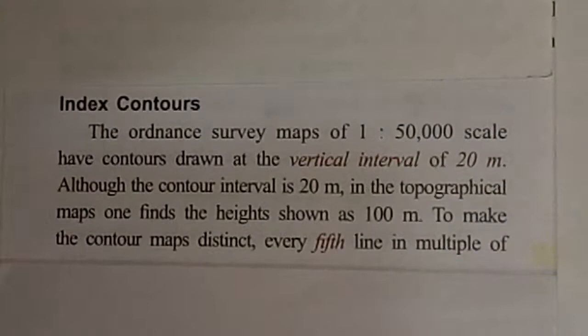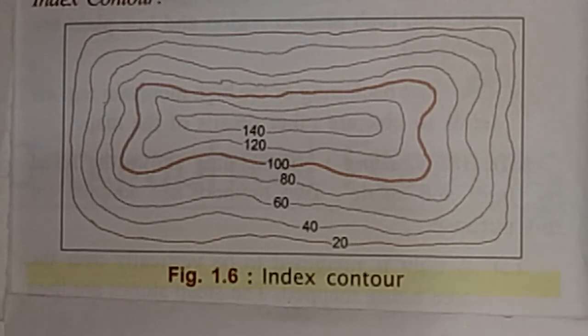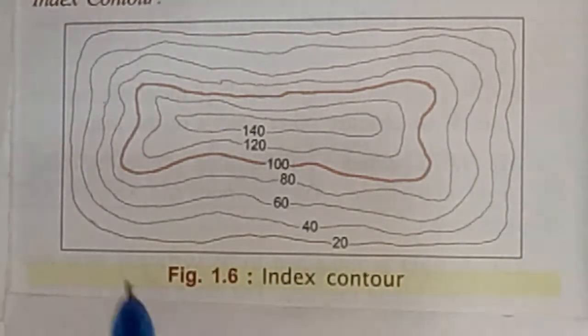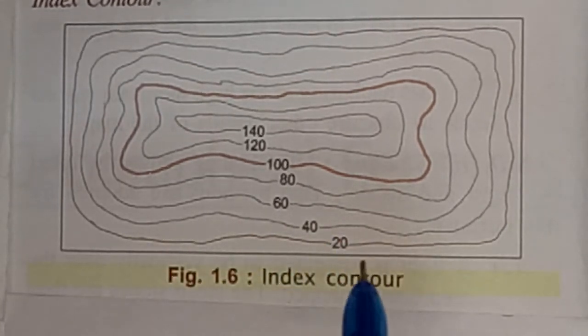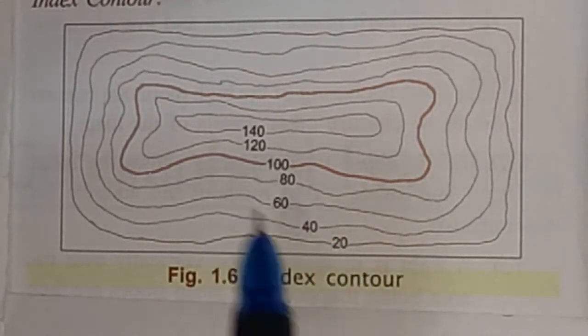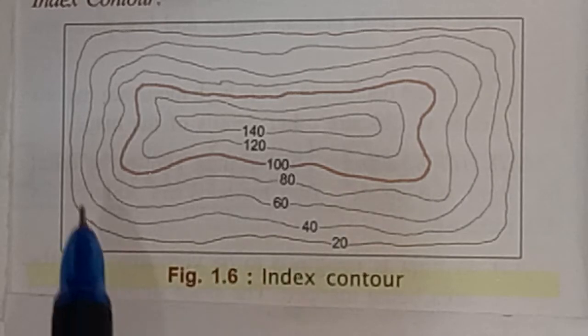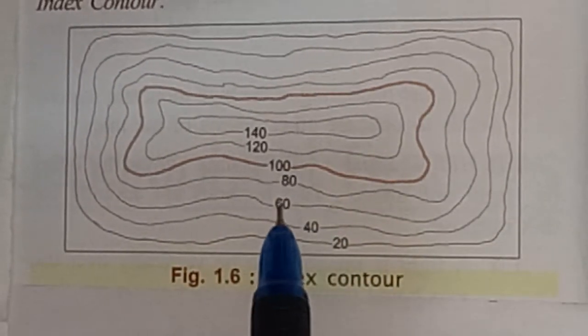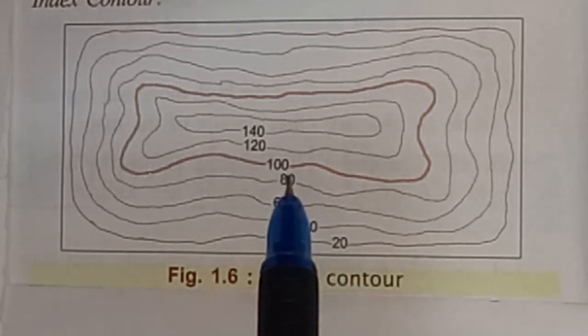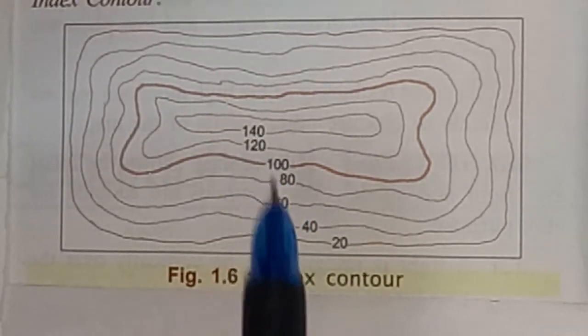So first I will show you the diagram, then you can understand it properly. See children, this diagram you can see here. This is a figure of index contour. So see here the interval of 20 meters. This is called the index contour. Look here: 20, 40, 60, 80, 100, 120, 140.